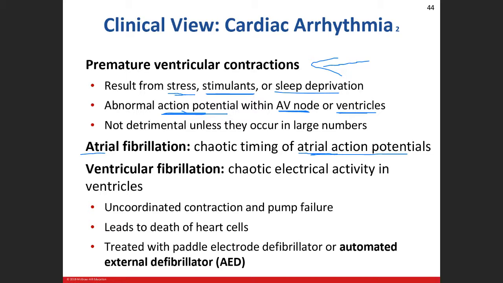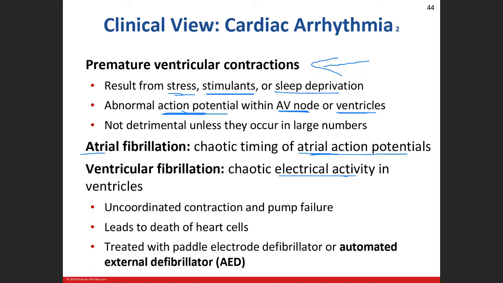Ventricular fibrillation is a different story, and I mentioned this earlier. If we're having an issue with the action potentials in the ventricles, causing the ventricles to malfunction, then we're having a problem because it's crucial that your ventricles contract at the same time. If they're out of sync, that is going to cause problems later on, because whatever the left ventricle pumps out to the body is eventually going to come back into the right atrium.